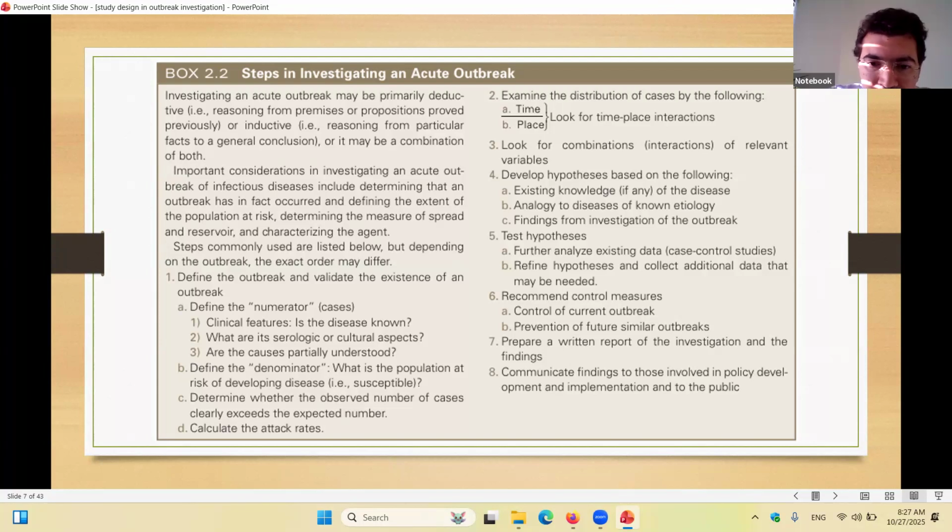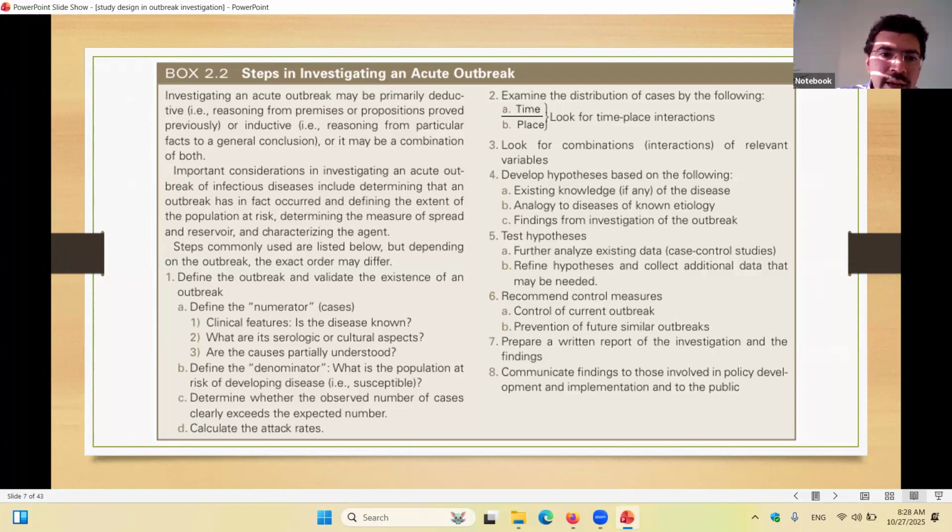The seventh step, prepare a written report of the investigation and the findings. And the final step, the eighth step, communicate findings to those involved in policy development and implementation, and to the public.